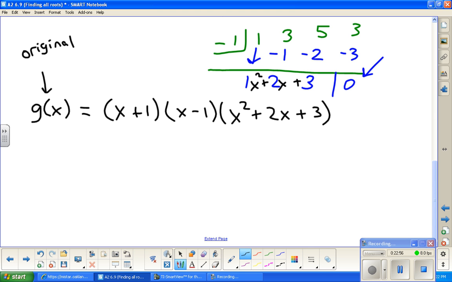That's completely factored, as much as we can go. So our answers were the negative 1 from the beginning, the positive 1 from the beginning. The other 2 are coming from this piece. And what method are we kind of locked into? You can try factoring, but probably quadratic formula because they're imaginary. The graph didn't show them. So you're going to have to throw a quadratic formula to finish this up.